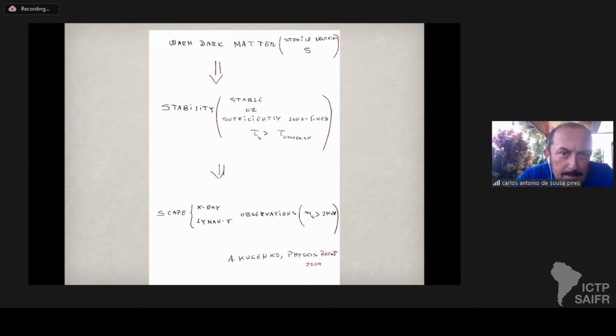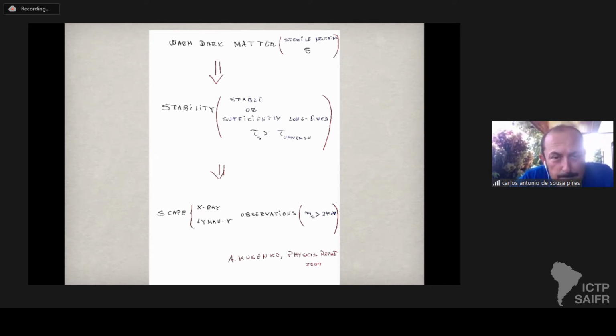The only way is that stability translates into a constraint over the mixing angle among the sterile neutrinos and active neutrinos. You do not have a symmetry. It's a constraint over the mixing angle.